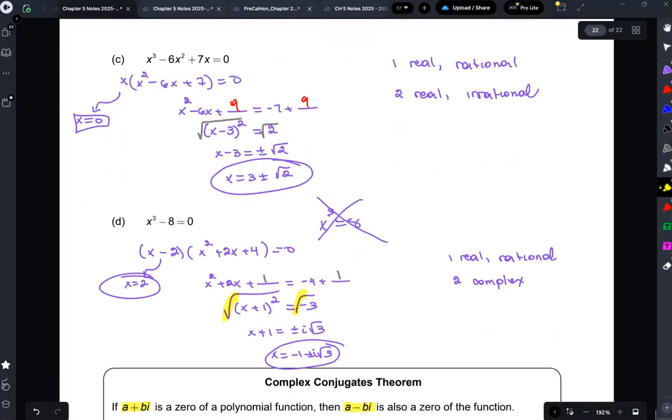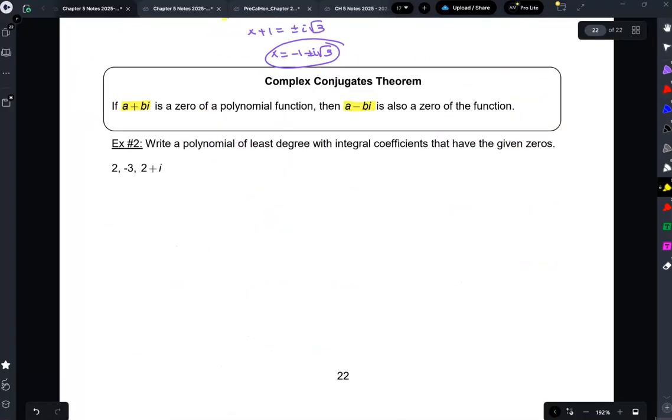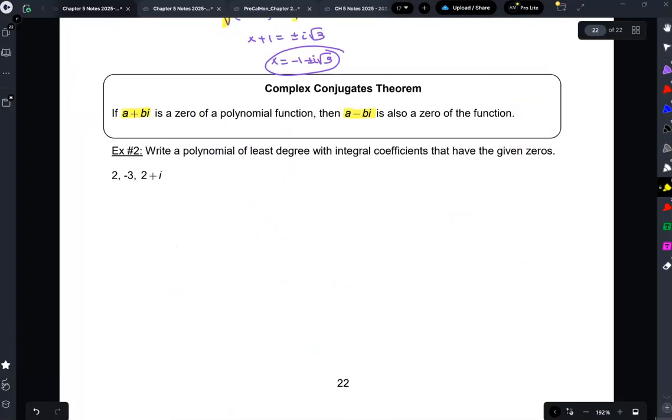For this last one, I was given the polynomial and I came up with 3 solutions. Now I'm given the things in the circles and I need to come up with this. So let's do that. First of all, what are the zeros? 2, negative 3, 2 plus i, but alongside that, 2 minus i.